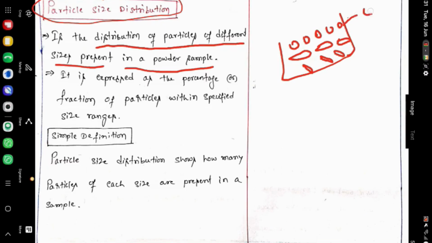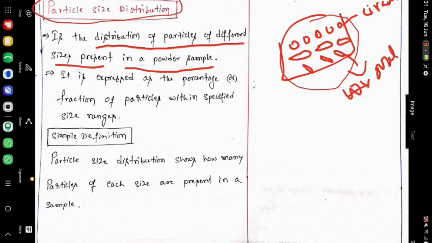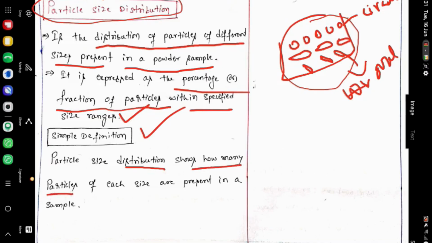Some are circular shape, some are oval shaped particles. They are distributed in the powder sample, and it is expressed as percentage or fraction of particles within the specified size ranges. In the simple definition, particle size distribution shows how many particles of each size are present in the same sample.